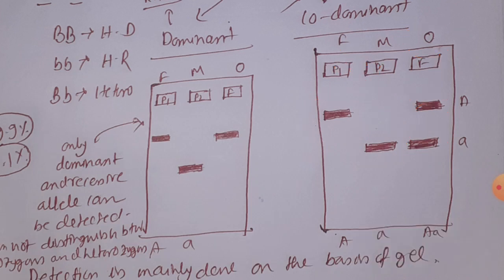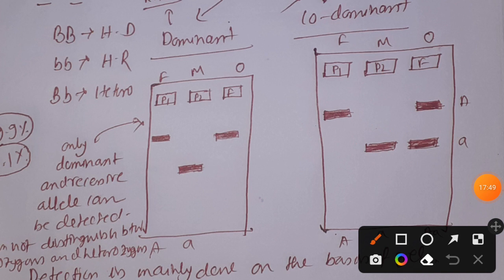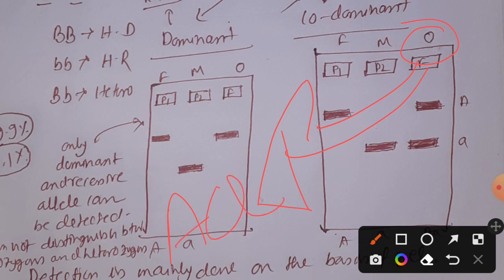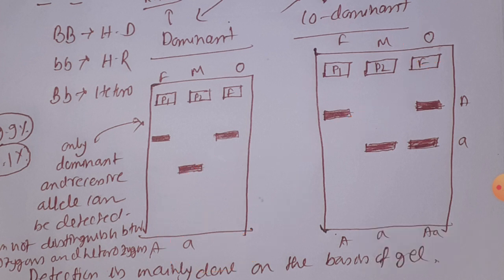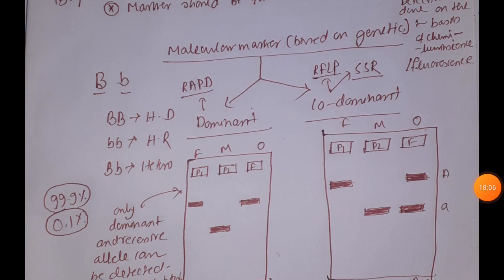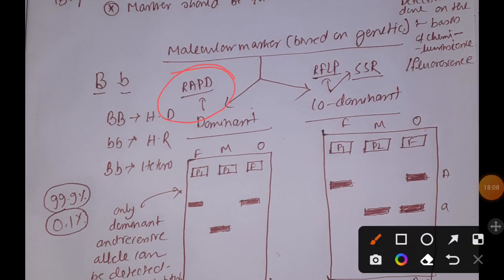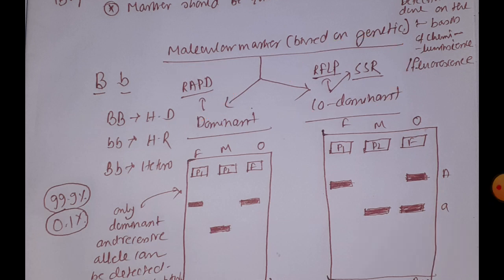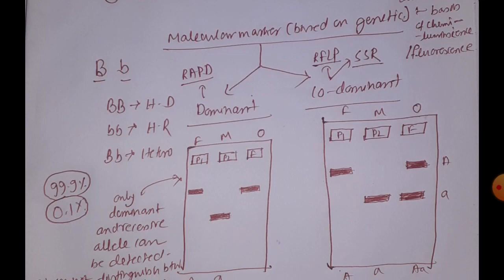It also helps you determine the actual genetic makeup or genotype of that offspring, because now you can easily write that the offspring is heterozygous, right? I hope there is no doubt about this. The example of a dominant marker is RAPD. On the other hand, the examples of codominant markers are RFLP and SSR. We will discuss each of the markers in detail in an upcoming video.